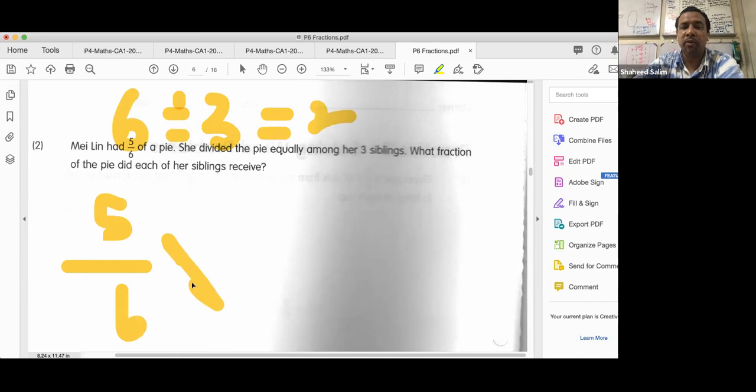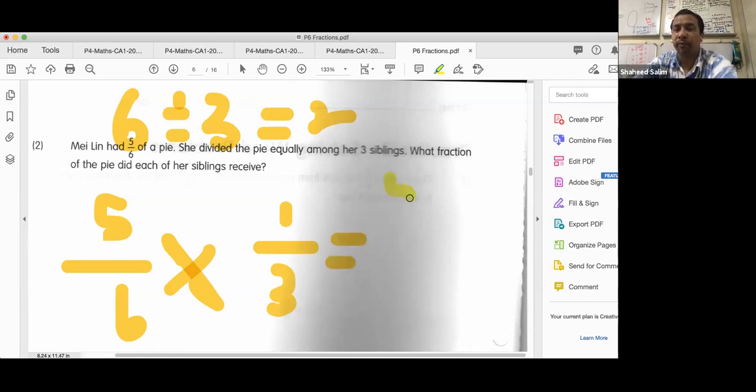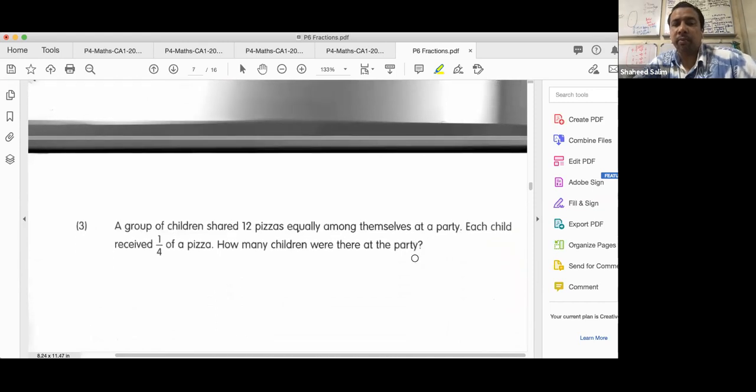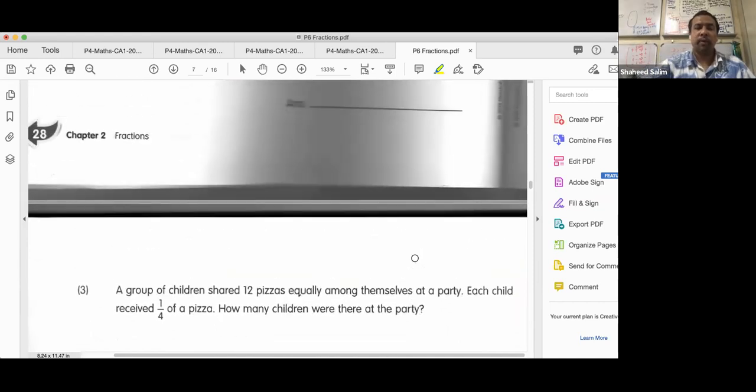Divide by 3 over 1, you change to times 1 over 3. Top times top, 5 times 1, 5. Bottom times bottom, 6 times 3, 18. You must be able to do this. I would assume you understand now. Okay, now let's try.